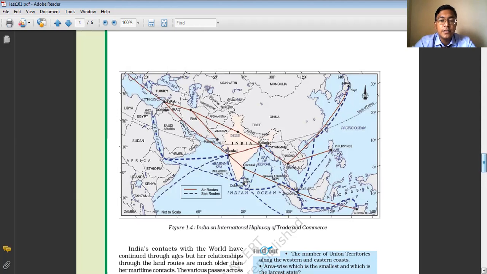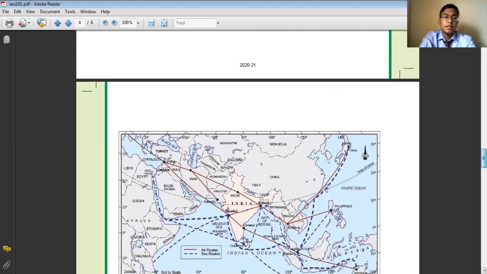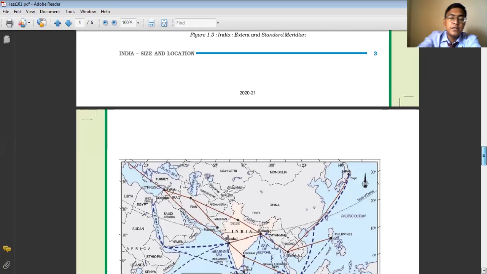India is also a country which was ruled by many foreign rulers, so we can see those imprints in our country.